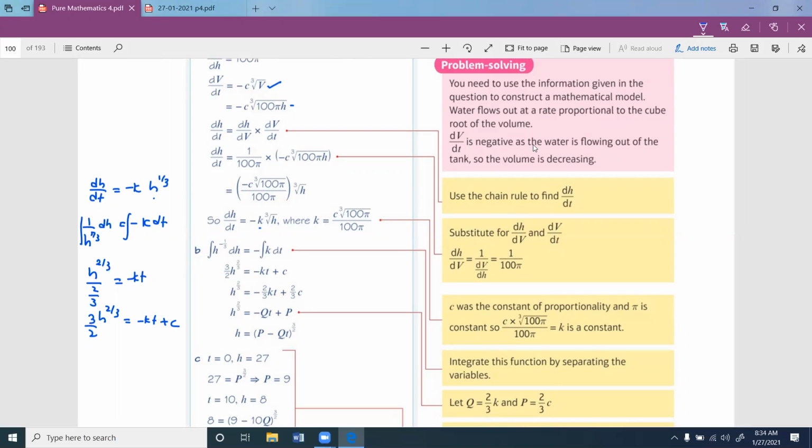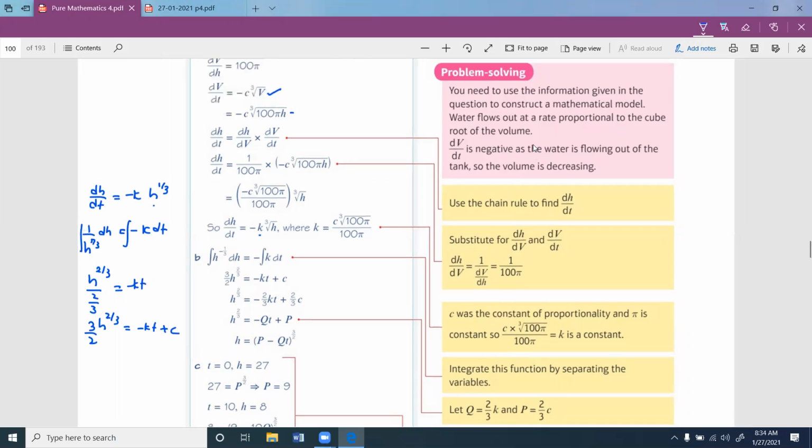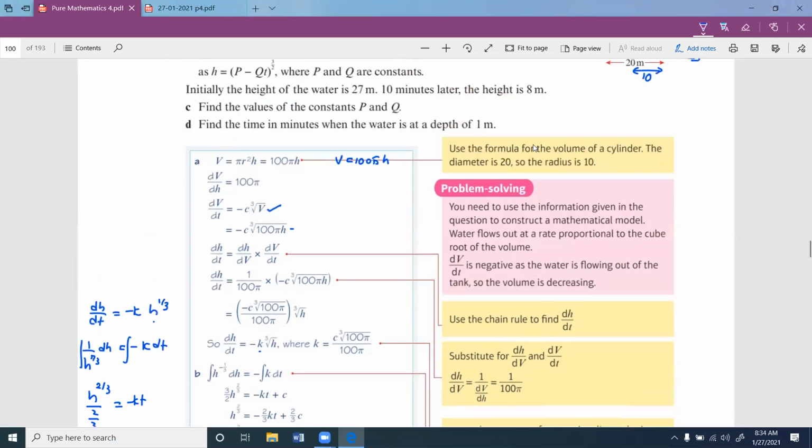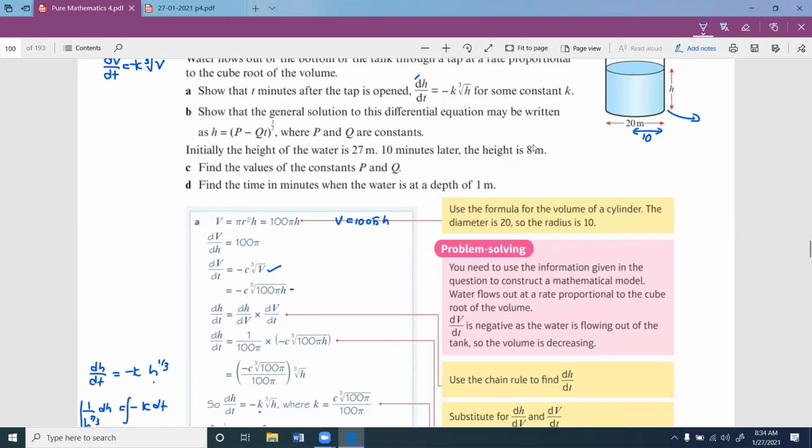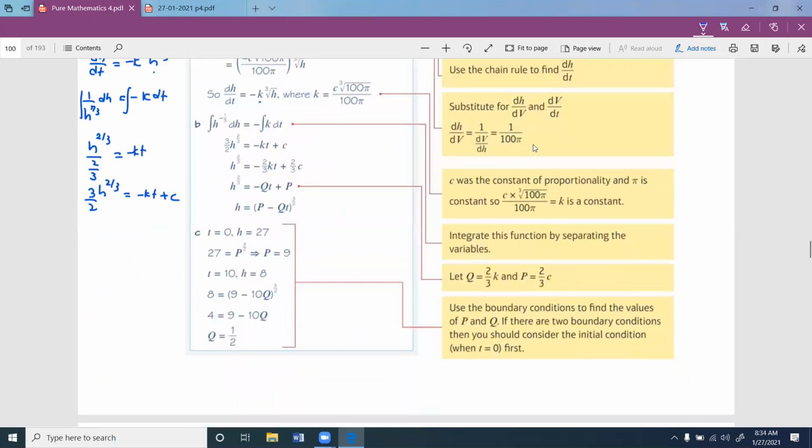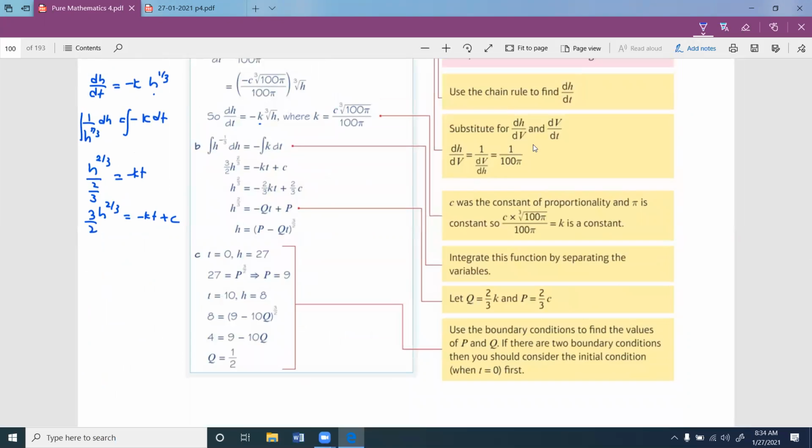Then how are you supposed to do this? You have to find some kind of expression for h, because we need the expression for h. So h is the subject over here. That's what they have given in that expression. So I can write h to the power 2 over 3 is equal to minus 2k over 3 t plus 2c over 3. So instead of this, again I can put other constants, because k is still not decided.